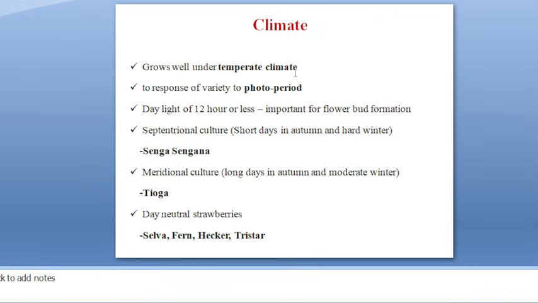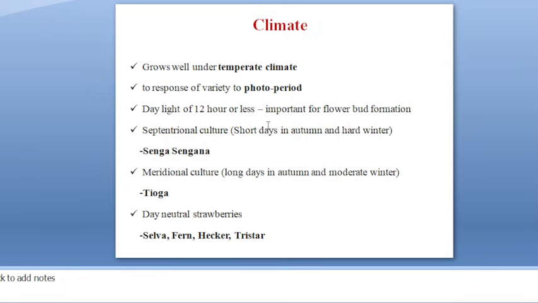With respect to the climatic condition, it is purely a temperate fruit crop, and it is very sensitive to change in the photoperiod. That means day and night length. A minimum of 12 hours of light is required for the production of flowers as well as fruit formation, or flower bud formation.